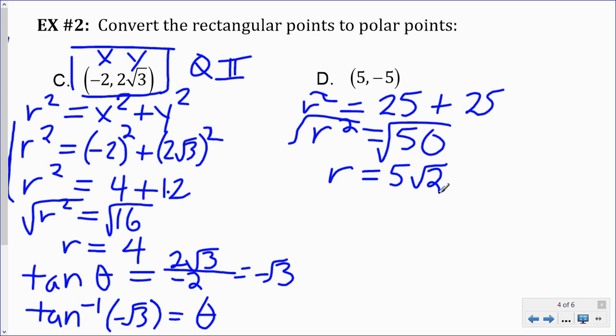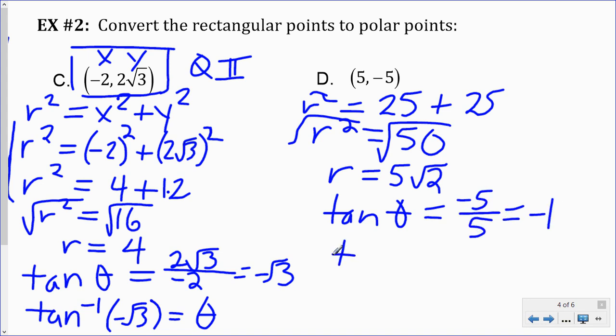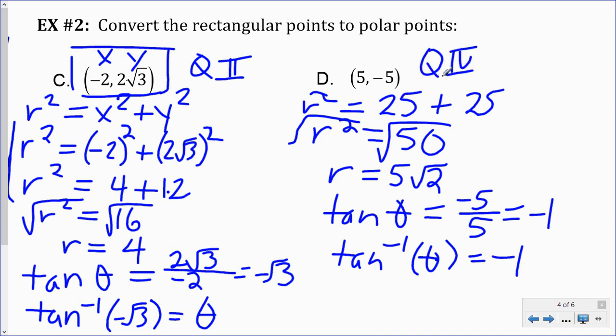Okay, and then remember we know that tangent of theta equals y over x, so that will equal negative 1. And then if we use our inverse, but notice that this point is in quadrant 4.